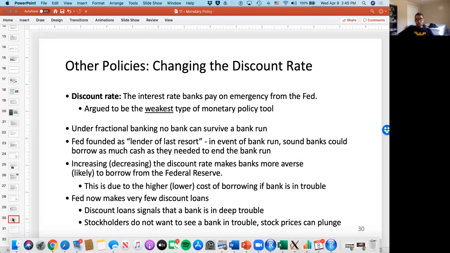Changing the discount rate. I would say the discount rate would be the weakest type of monetary policy, since when banks get money from the Federal Reserve, they have to pay interest. But banks usually do not go to the Fed unless something is really bad, because if my bank goes to get money from the Fed, what's going to happen?